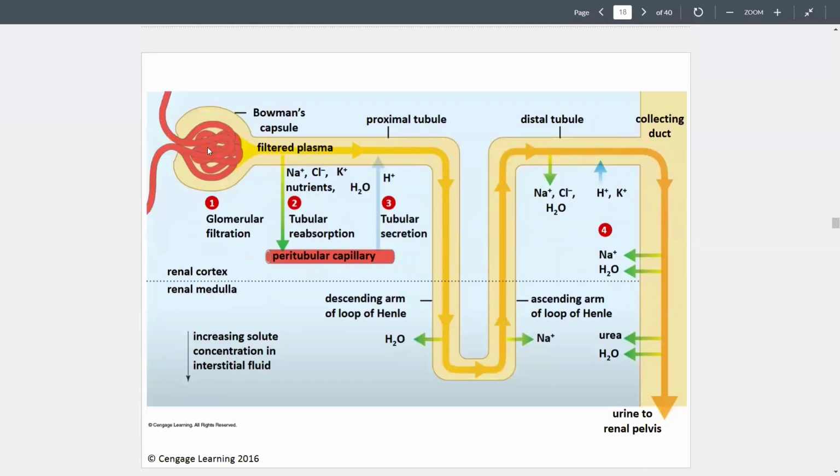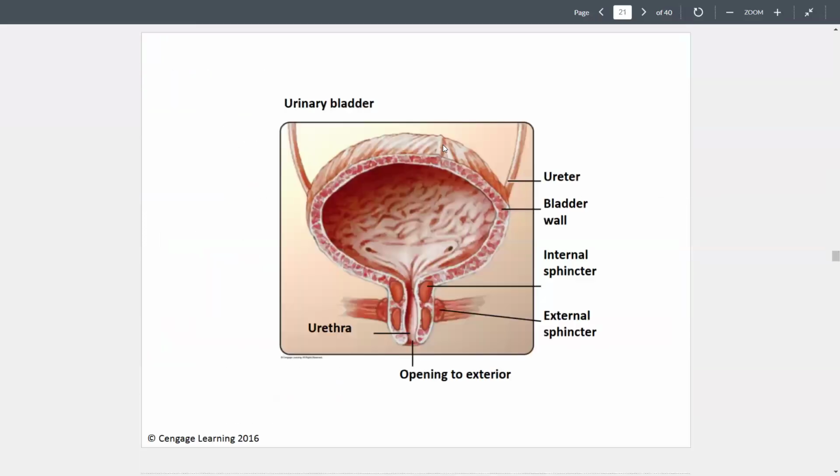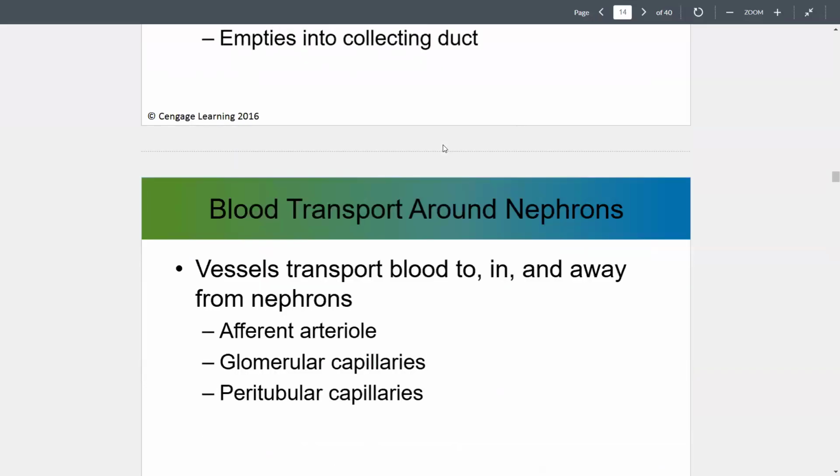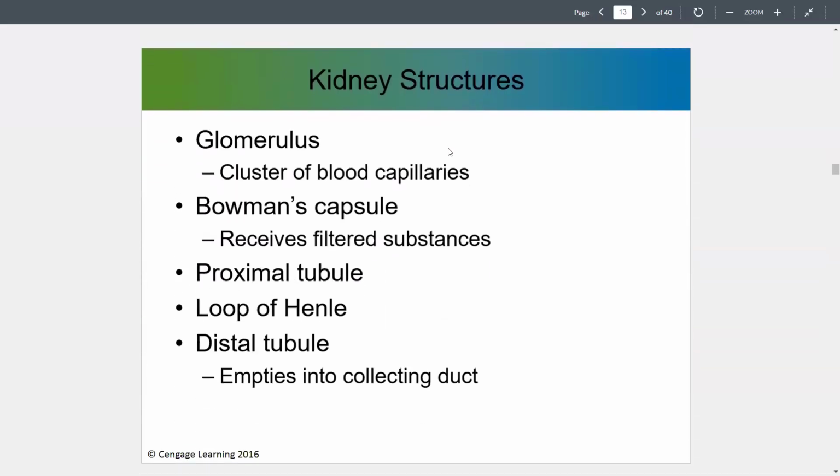This is the part of the nephron that we saw before. This is a picture, not the best picture, but it's a picture showing the little workers that are actually doing the work. I'm just seeing if there's a better one. Nope. Okay. So in the nephron, you have these different parts.